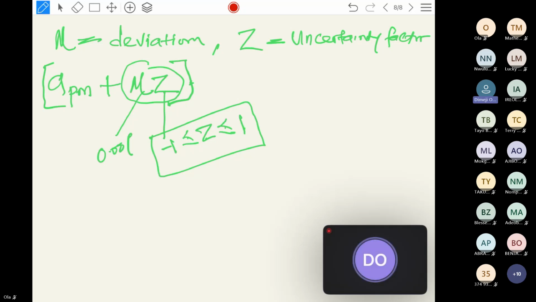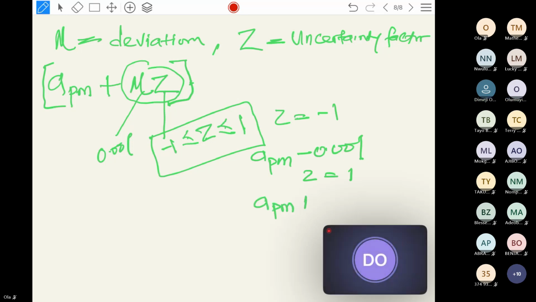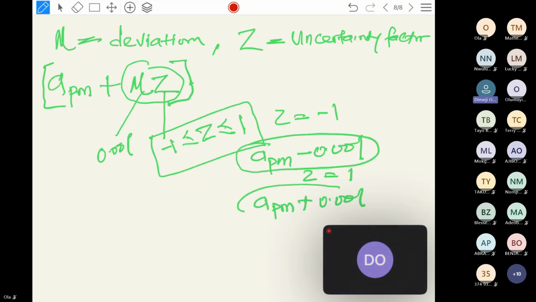So for example, if your Z is -1, it means APM minus mu, and if Z is 1, it means APM plus mu. So you have these two limits.